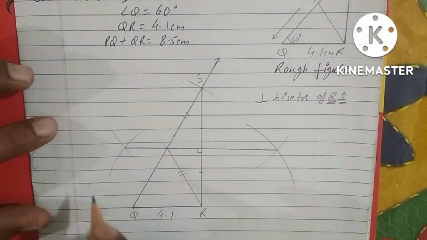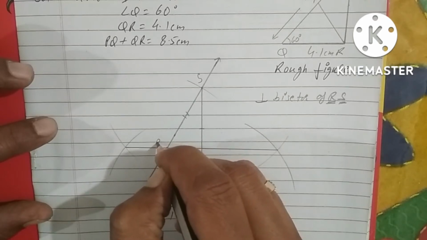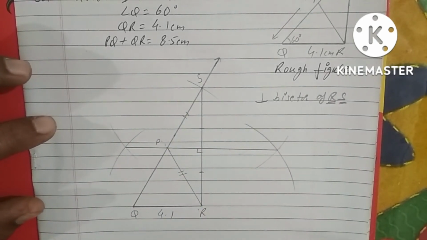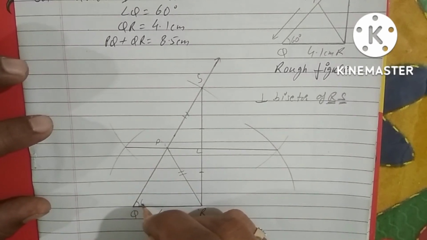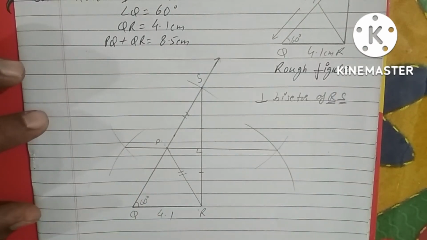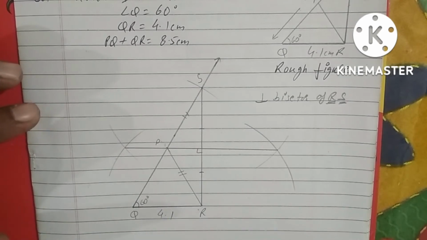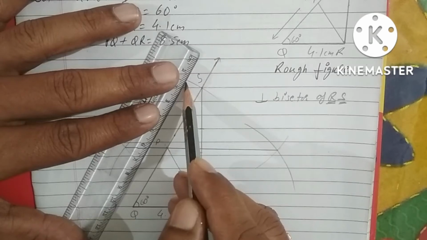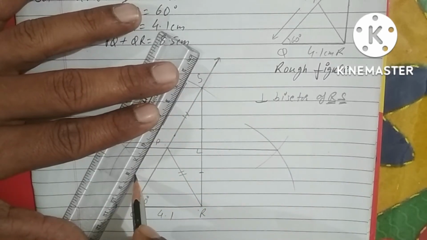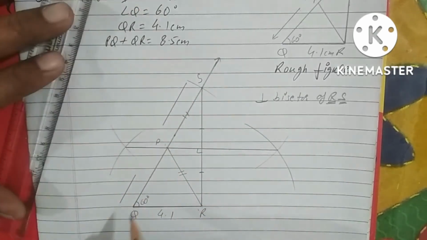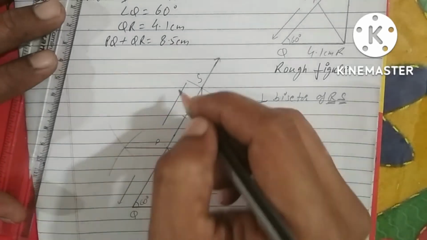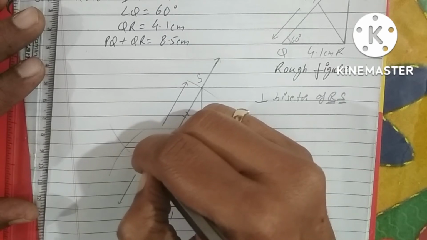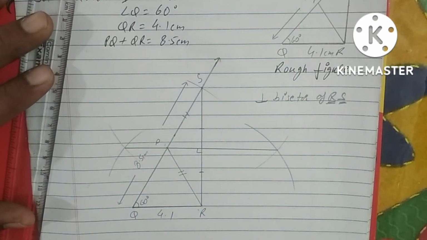Now I'm going to name this as P. Now as you can see, PQR is our required triangle with this angle as 60 degrees. Okay, I hope it's clear to everyone. One thing you need to complete is show that this is 8.5 centimeters, here to here.